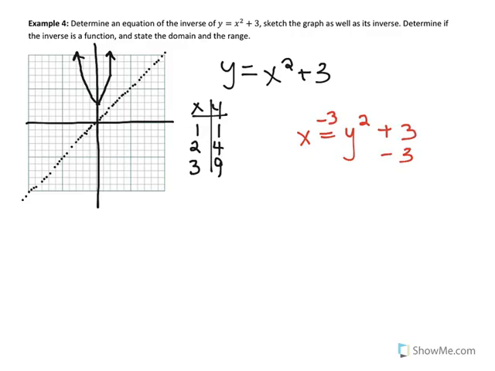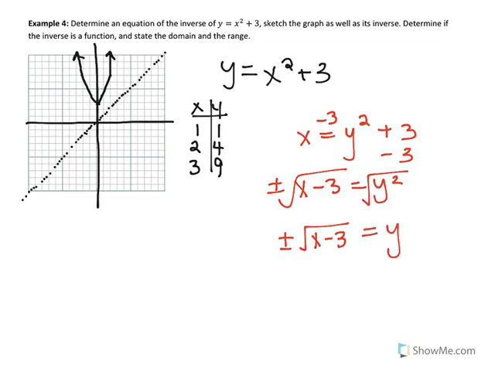So I'm going to subtract 3 from both sides, and then I'm going to square root both sides, and I'm not going to forget about the plus minus. So this is the equation of my inverse function.